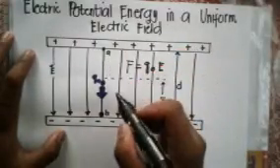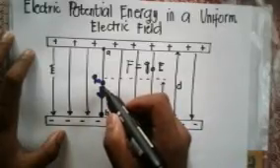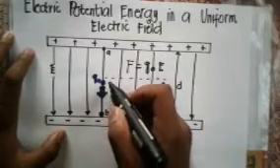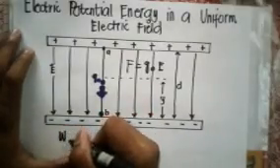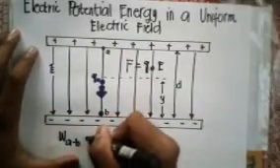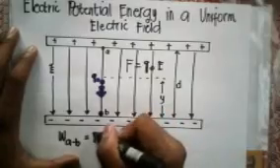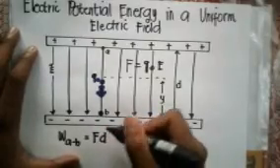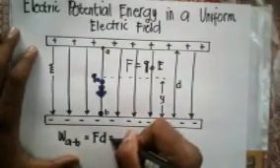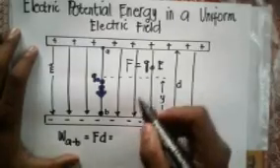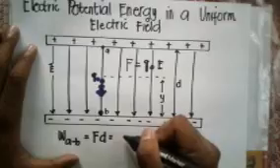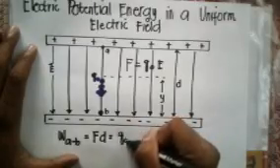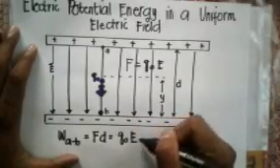Now the force on the test charge is constant and independent of its location. So our work done from point A to point B is equal to our force times our displacement. Since we have a force equal to q naught E, our work done from point A to point B is equal to q naught E d.